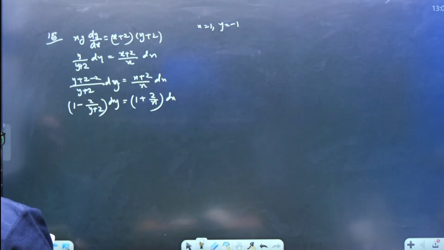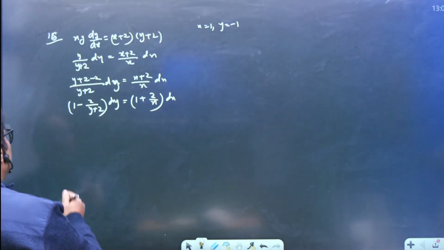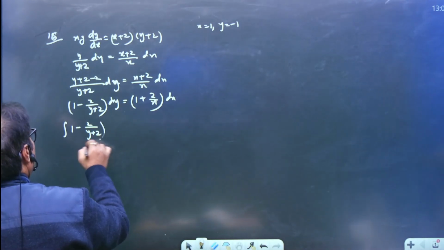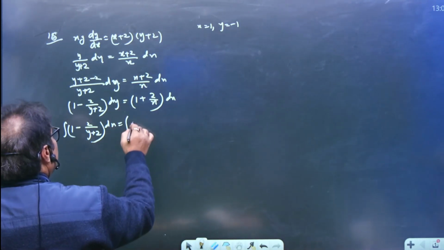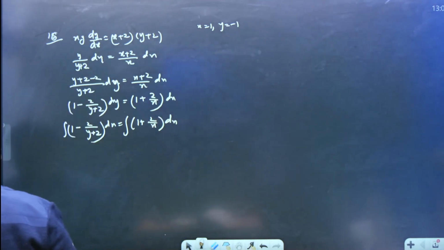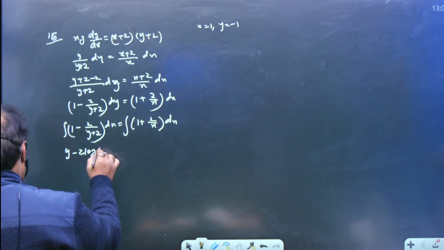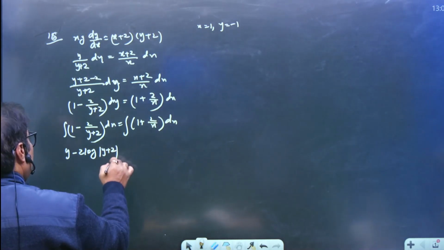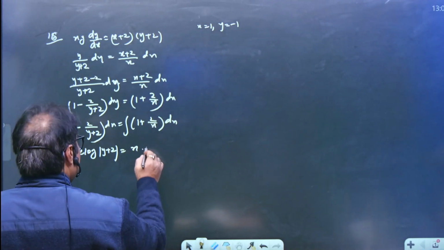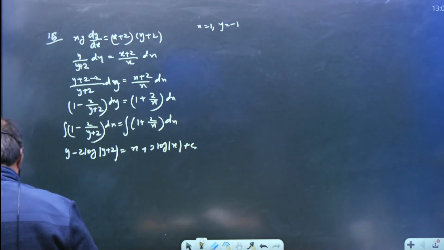Now start integration. Integration of 1 minus 2 upon y plus 2 dy is equal to integration of 1 plus 2 by x dx. So this is y minus 2 log modulus of y plus 2 is equal to x plus 2 log modulus of x and plus c.